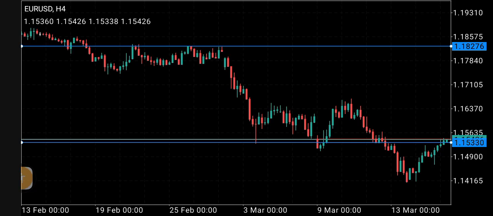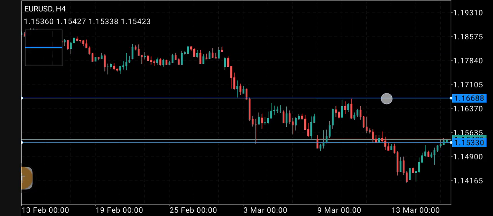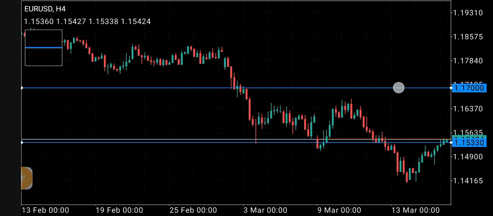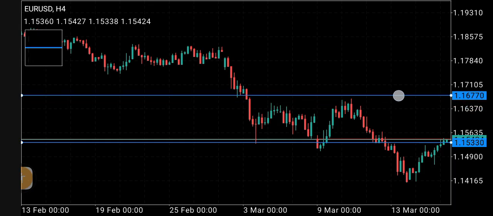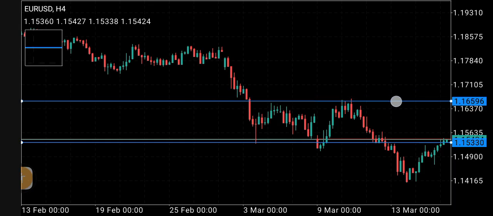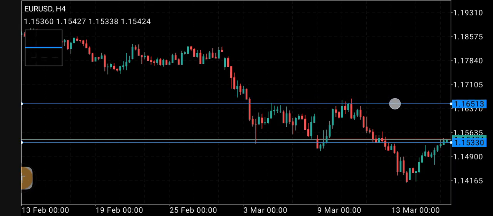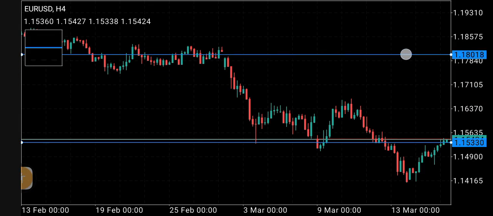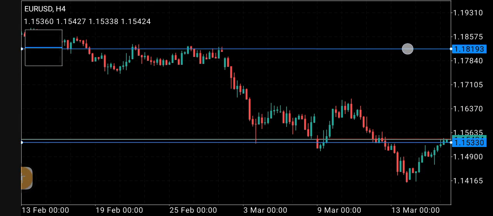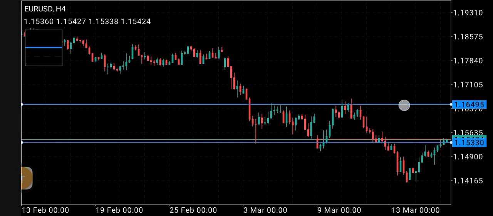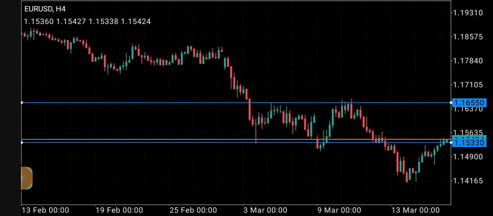From the swing high, the market made a kind of push up, but it couldn't get to the most recent swing high. Look at where it got to. So we say that the market has made a lower high.